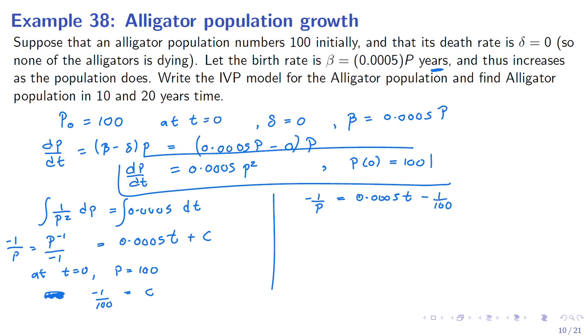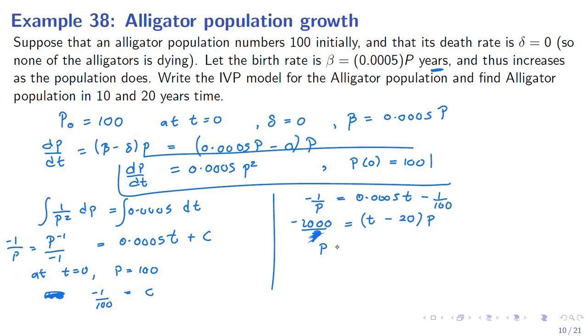Now, if I multiply by 2000, we will get minus 2000 over P equals t minus 20, or if I multiply by P as well, then I'll have the P right here.